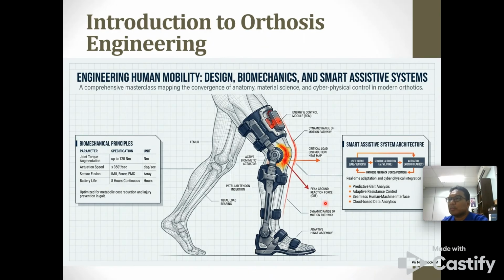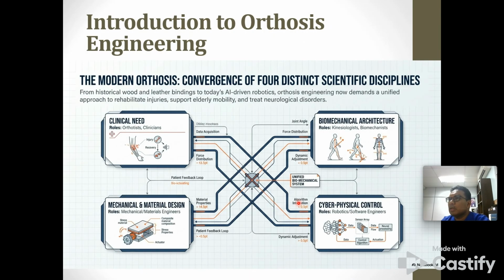So this is an example of a smart device designed to help protect the knee, and there is some value that can be designed into this orthosis device. The modern orthosis is a convergence of four distinct scientific disciplines.